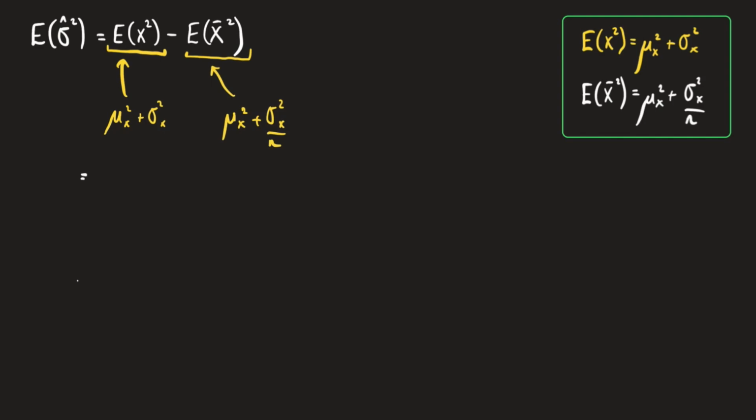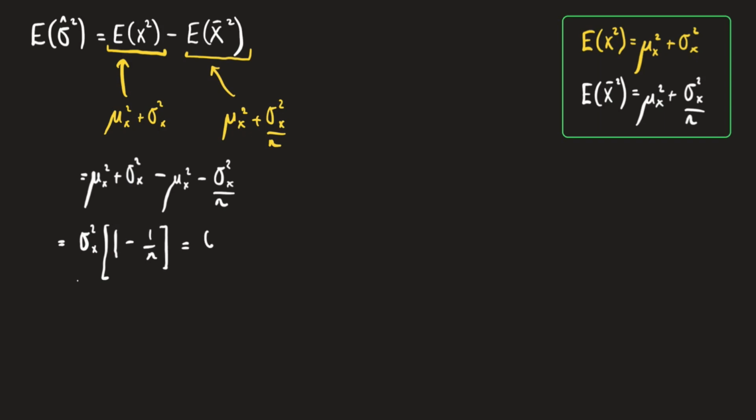So this whole expression is going to be equal to mu x squared plus sigma squared x minus mu x squared minus sigma squared x over n, which is equal to, the mu x squared terms cancel, so we'll have sigma squared x times by 1 minus 1 over n, or this is equal to sigma squared x times by n minus 1 over n.